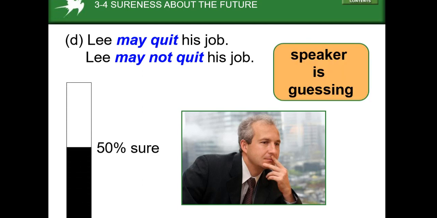So it is 50% sure. Okay? It is in the middle, 50% sure. The speaker is guessing. What is guessing? If you don't know what guessing is, please look it up in a dictionary, people. I'm not going to tell you in Spanish what that is.